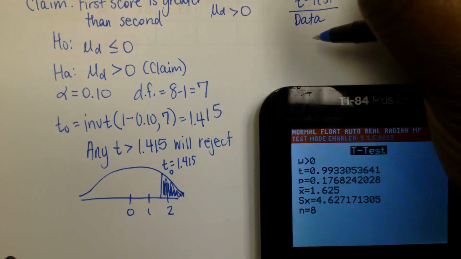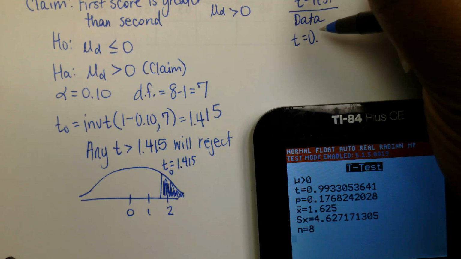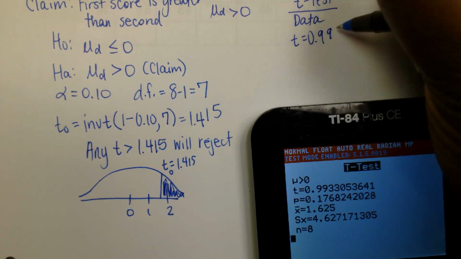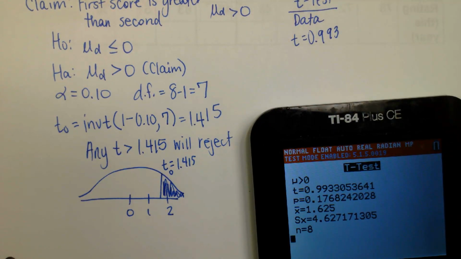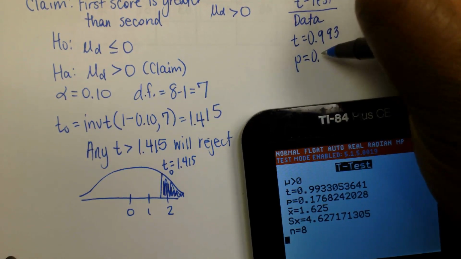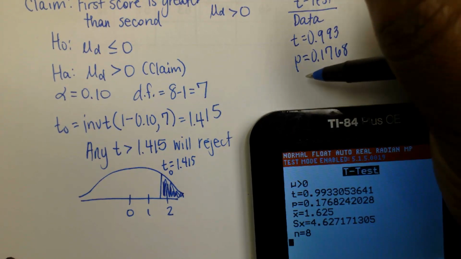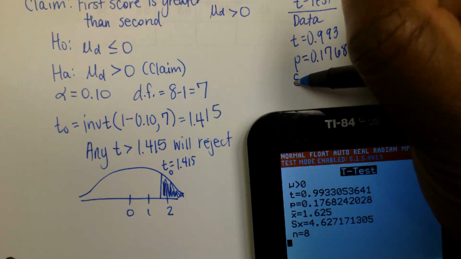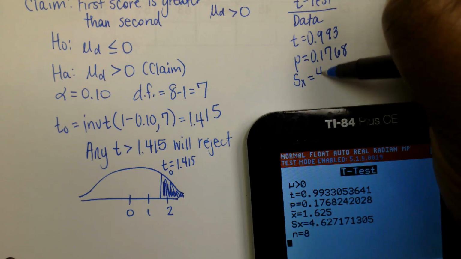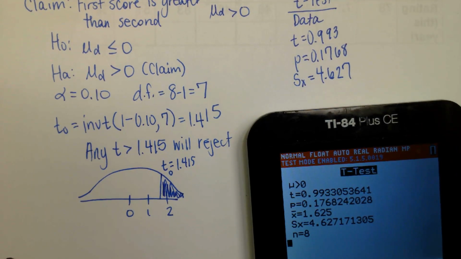All right, so our t is equal to 0.993. Our p is equal to 0.1768. They may ask you for your standard deviation. If they do, it is listed here as well.